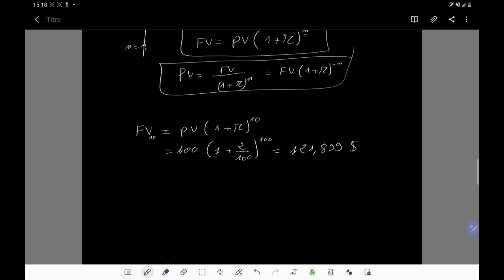Thus, we need that all expected inflow cash of the next years will be discounted in present value. We say that we will discount them to today value. We need to calculate the net present value.